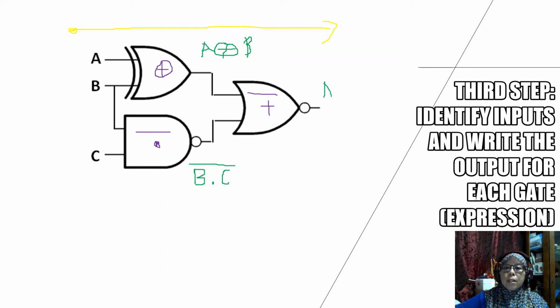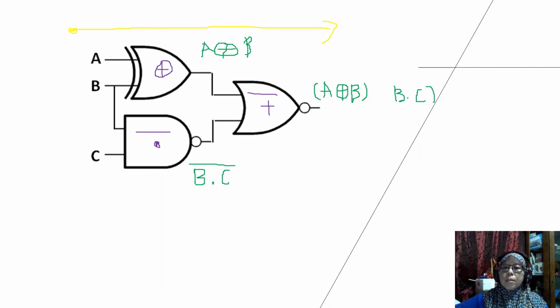So we have here adalah A exclusive OR B. Okay, so this is your first input. Right, so your second input adalah not B and C. Okay, dan last sekali, these 2 inputs dihubungkan dengan NOR gate. Jadi begitu.